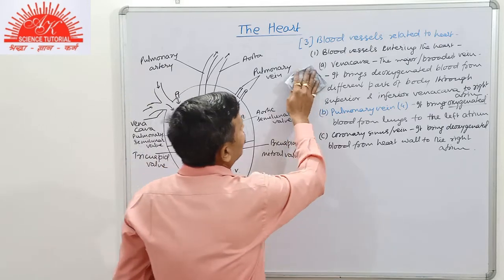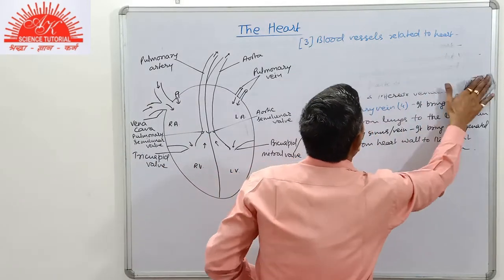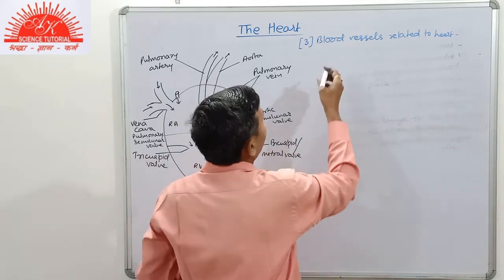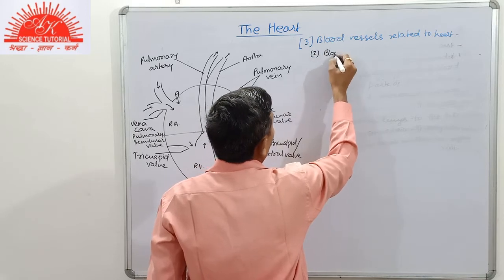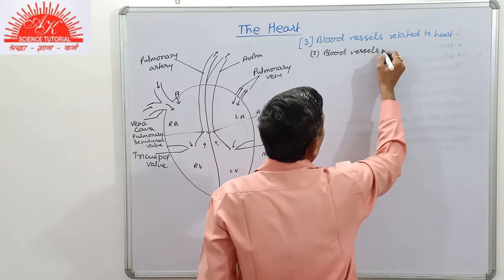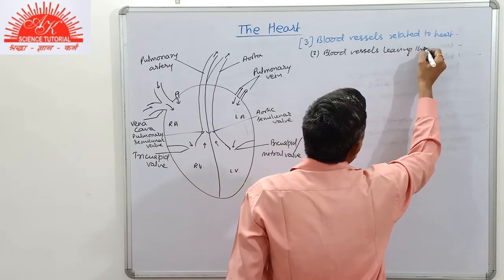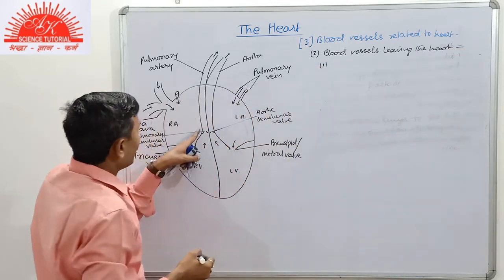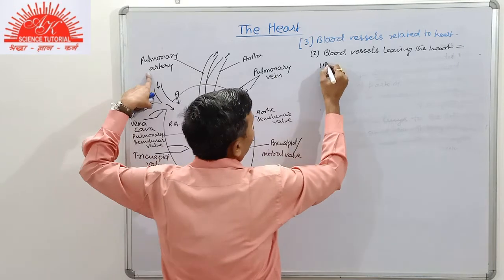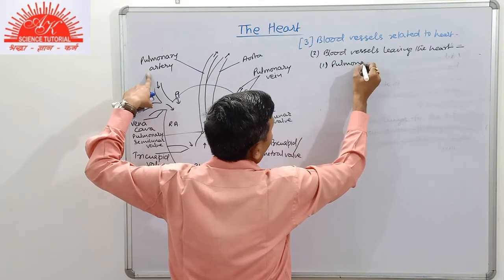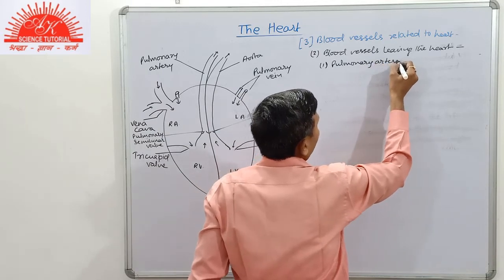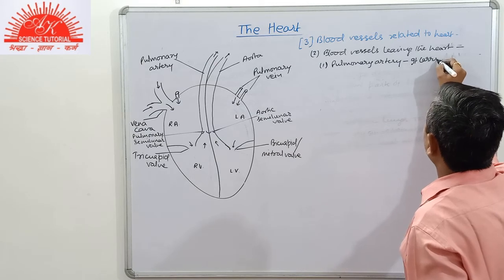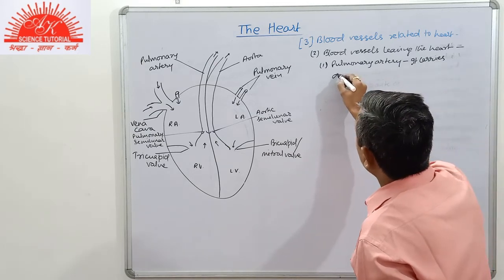Now the next part which we have to study is the blood vessels leaving the heart. The first structure, as we have marked here, is the pulmonary artery. Now it carries deoxygenated blood.